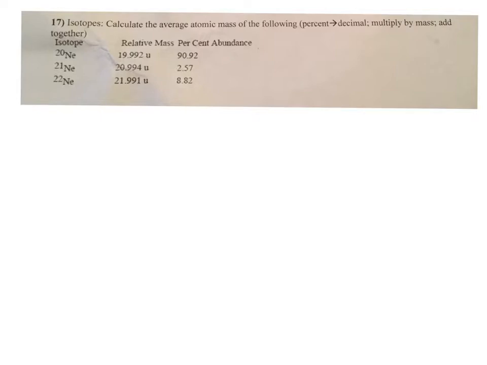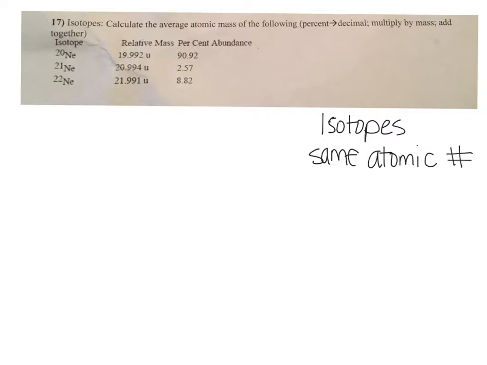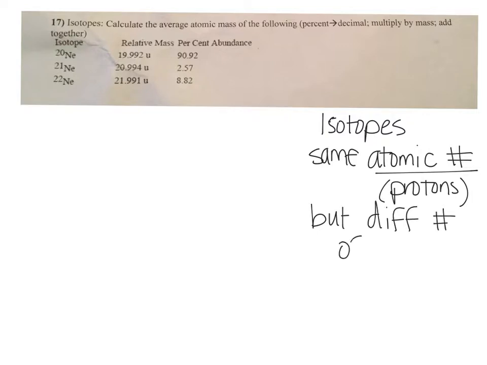Okay, so that leads us into number 17, which is covering isotopes. So just a quick reminder, your isotopes are the same atomic number, which in a previous video, I told you is your number of protons, right? We don't mess with your number of protons, but different number of neutrons.